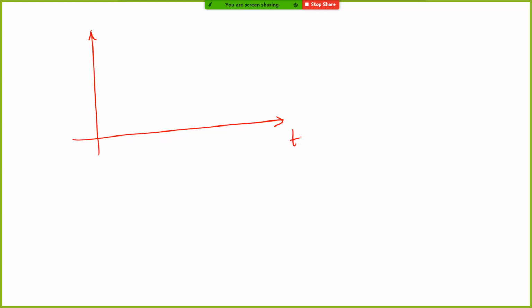So let's say this is our V out, and this is our desired V naught. The output behavior is going to be, case one, V out of 0 is 0.